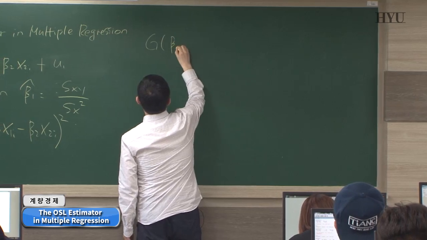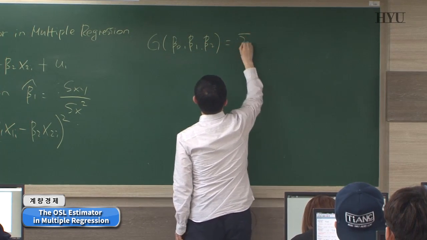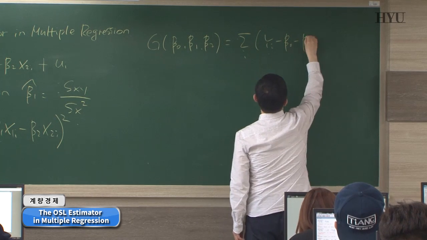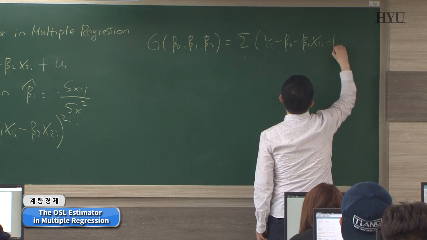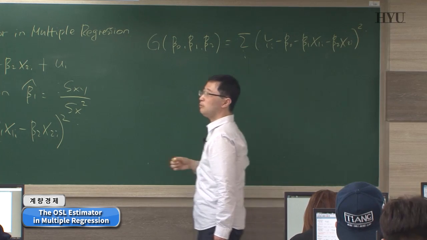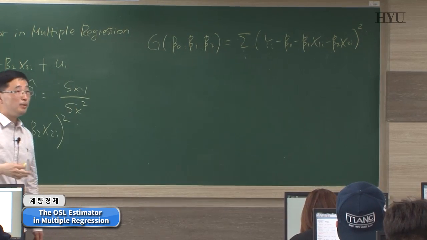So let me define a function g as a function of the regression coefficients. To minimize, I differentiate and set the derivatives equal to 0.